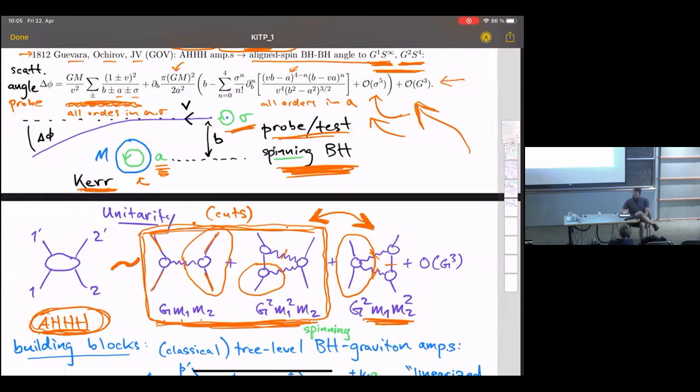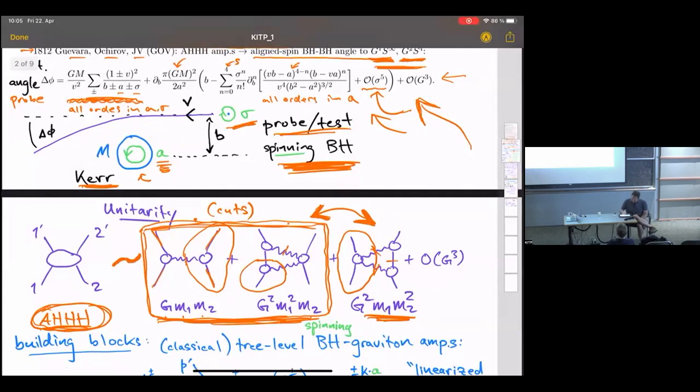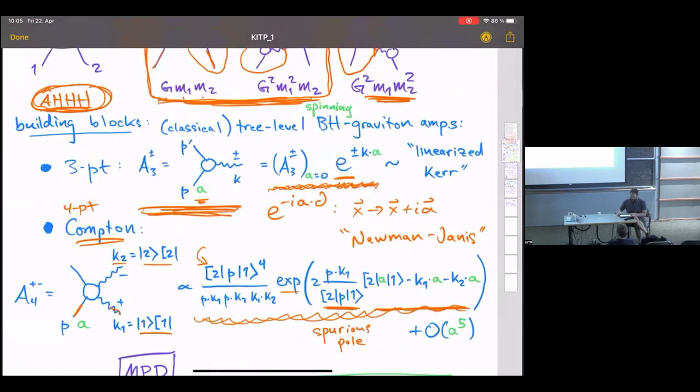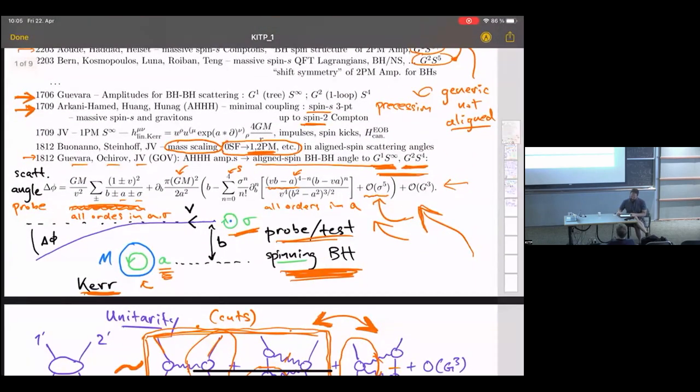If I take this formula that we conjectured is good up to 4th order in spin, and just extend it, if I put a 5 there and take the next term, you can see I also have some kind of pole, even in this classical scattering angle, coming into the denominator. That is very much an echo of the spurious pole in the Compton amplitude. Okay, and so the two main questions that I want to answer, even though I've already taken two thirds of my time, this is kind of the intro.